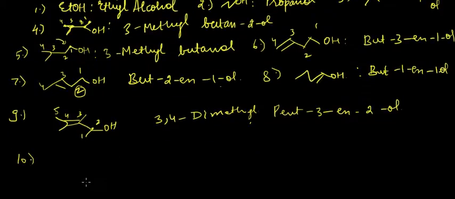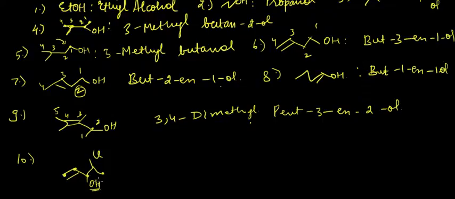Let's look at another example where we have Cl and OH here. If we start numbering from this carbon atom, we get OH at position number 3, and from this atom also we get OH at position number 3. But here we find the double bond at the first carbon atom, and here at the fourth carbon.